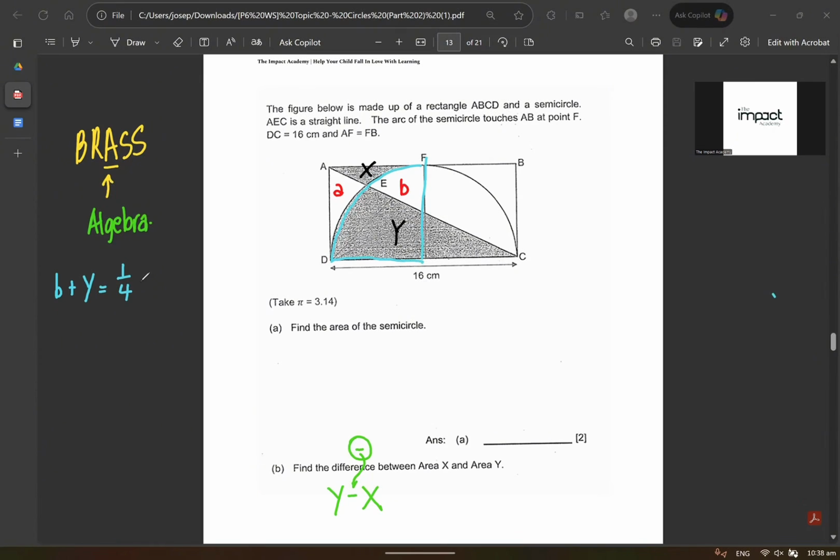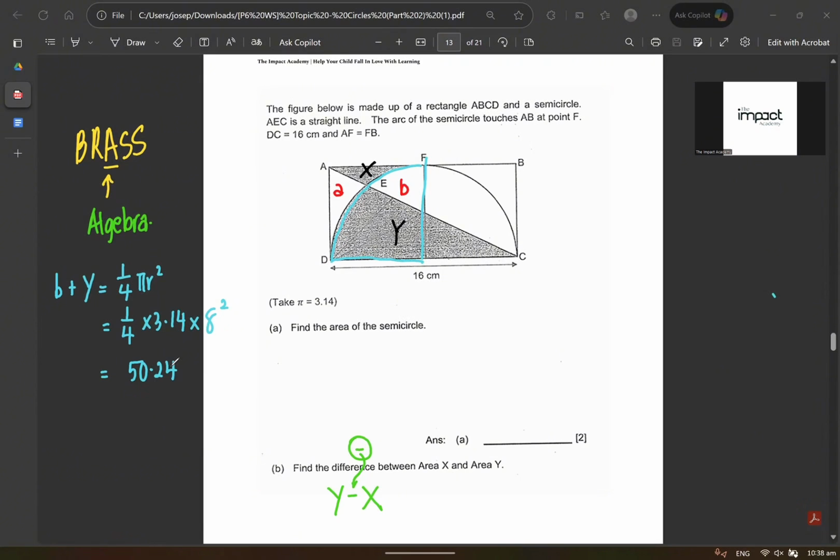One over 4 pi r squared, which is also 1 over 4 times 3.14 times 8 squared. How much is that? 50.24. Now this does not get you to your answer, but it moves you closer. Do you agree that this is better than not having anything written down?